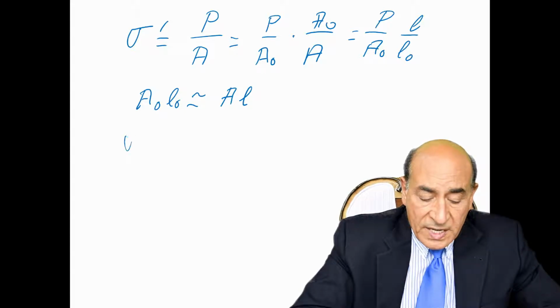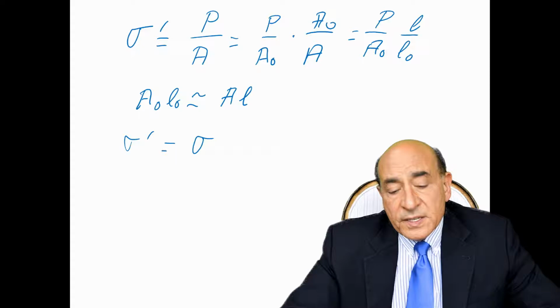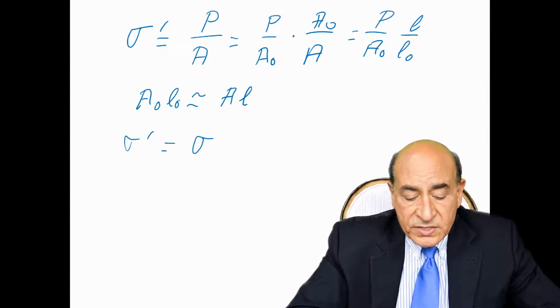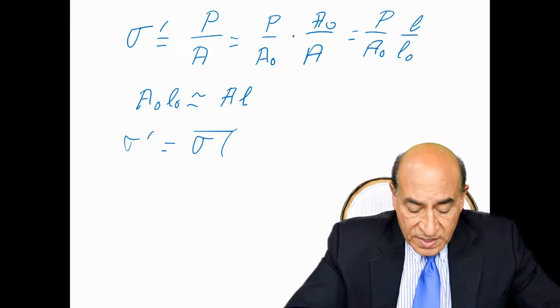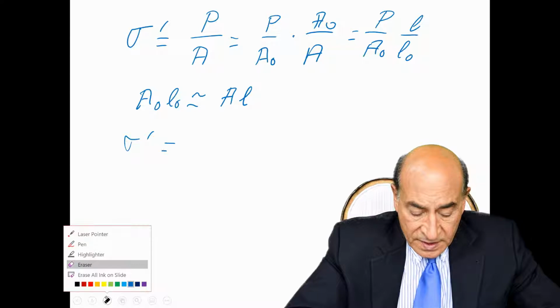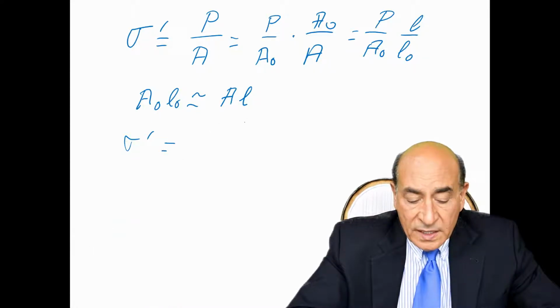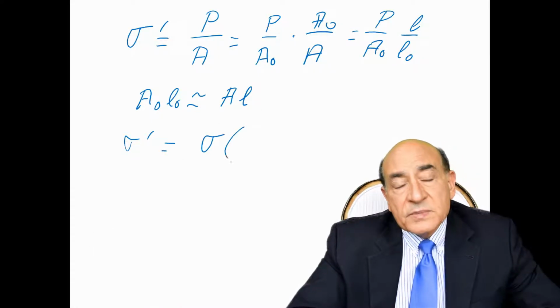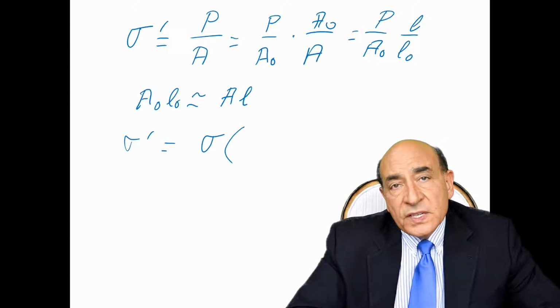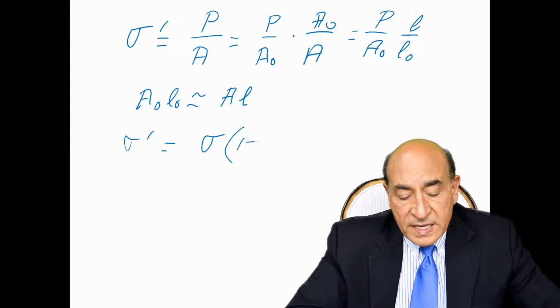So sigma prime is equal to sigma, because P over A0 is sigma, times L over L0, which as we discussed before is 1 plus epsilon.